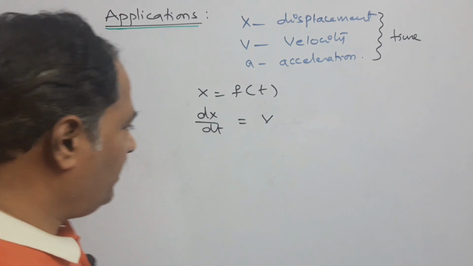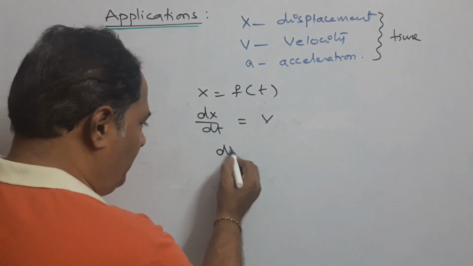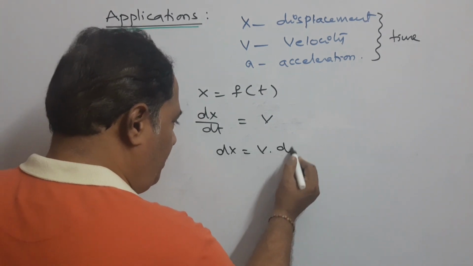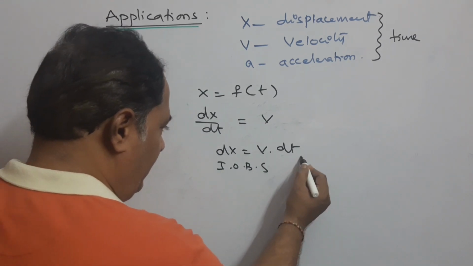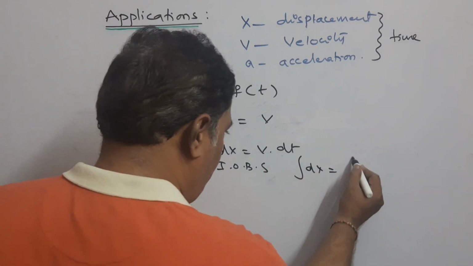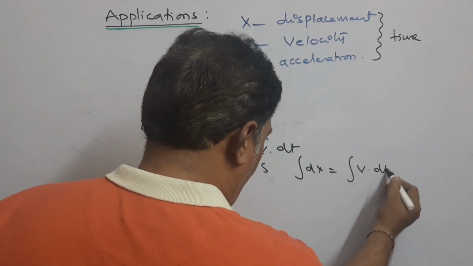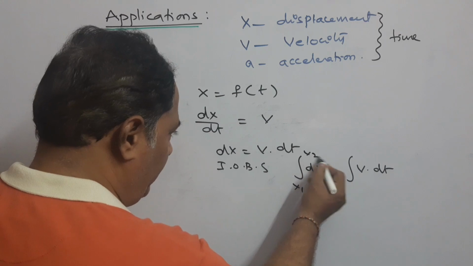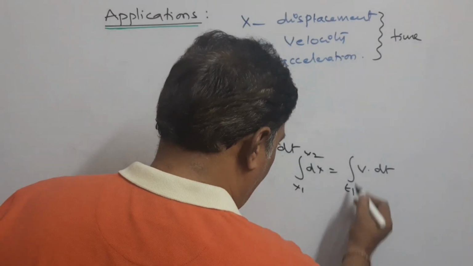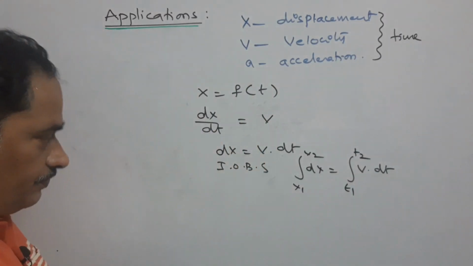In the case of integration, dx is equal to v dt. Integration on both sides, integral dx is equal to integral v dt. For example, if this is x1 to x2, here I can say t1 to t2.